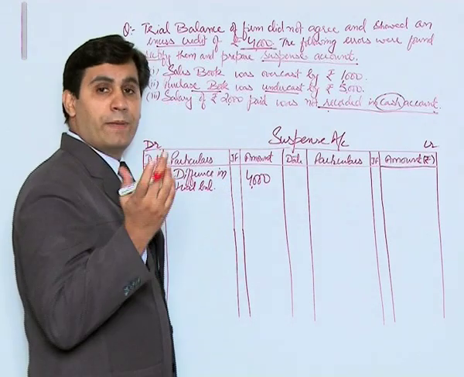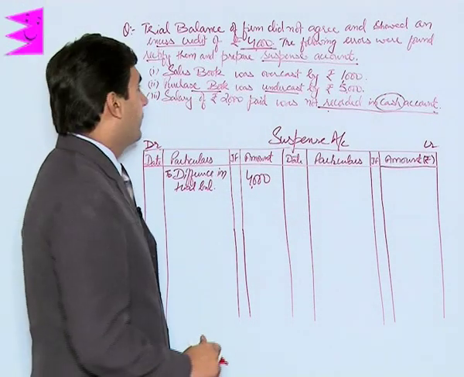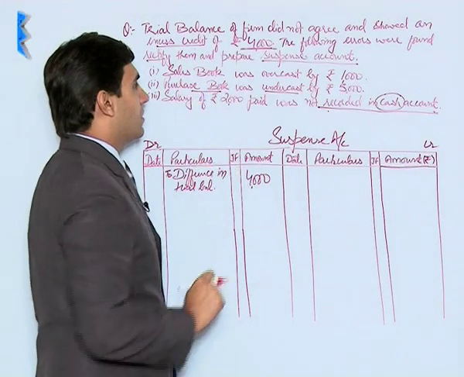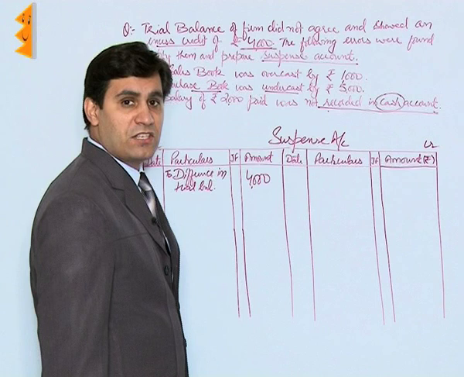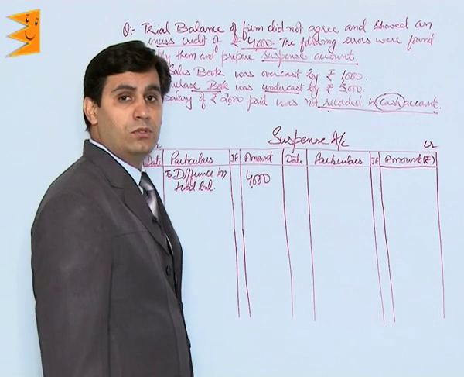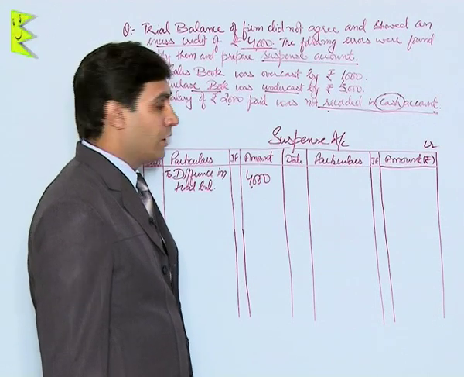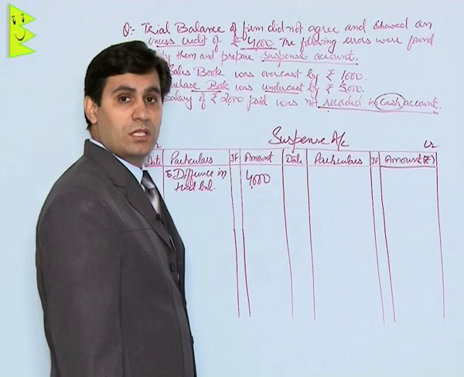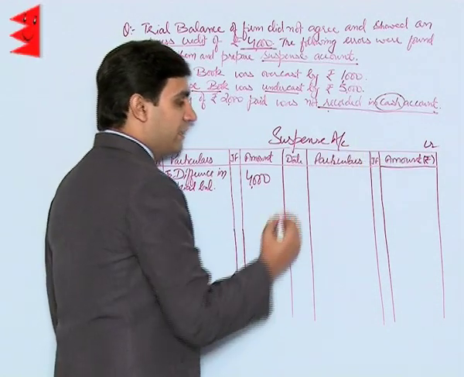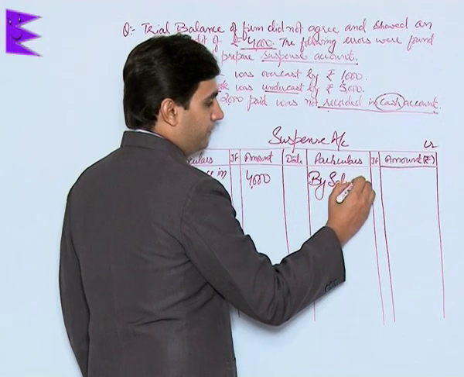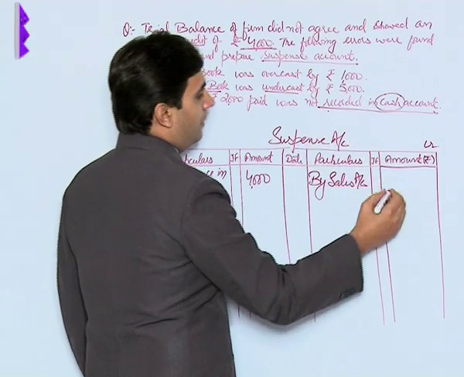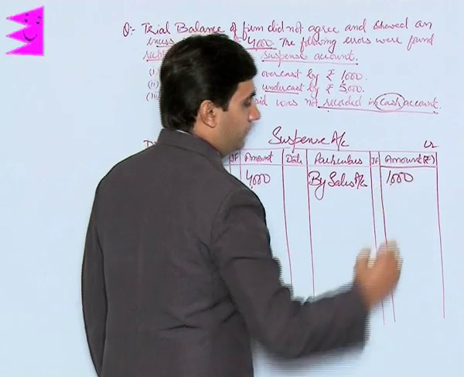Now let us look back at the entries that we had done. The entry for the first case was the sales book was overcast by rupees 1000. So the rectification entry was sales account debited to suspense account. That means suspense account was credited. So on the credit side, by sales account, the amount would be rupees 1000.